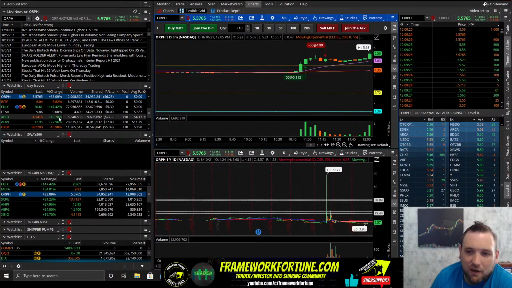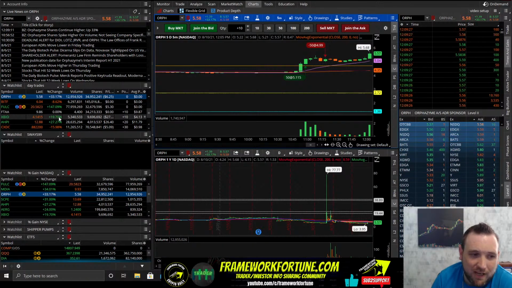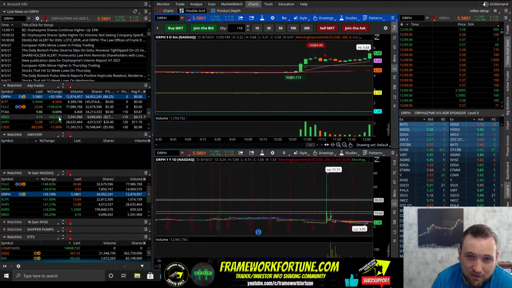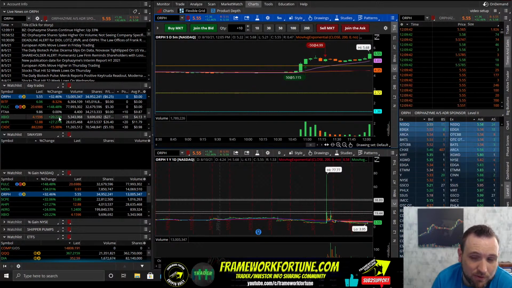So a $5 low float stock that has 1 million in float can move the exact same way as a $100 stock that has 1 million in float. If a bunch of people come in and buy that thing and there's only 1 million shares out there, it's going to shoot up. And the opposite, if a bunch of people come in and short it and sell it, it's going to shoot down. So the price really doesn't matter.